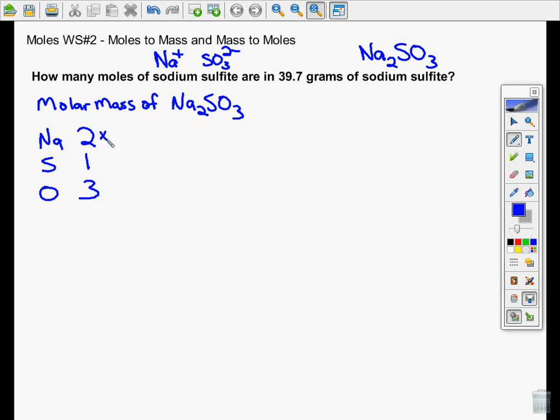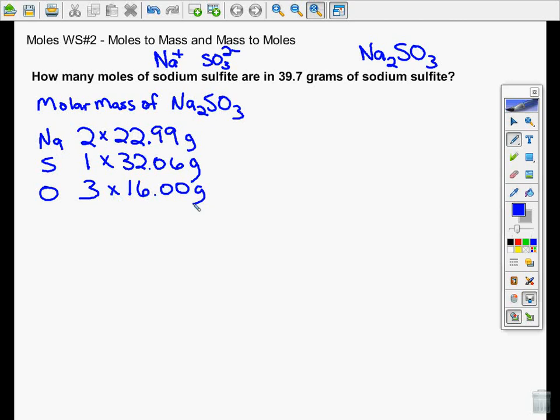Now in this one, I only went to 2 decimal places from the periodic table, as instructed in class. So when I go ahead and find the atomic mass off the periodic table, for sodium it's going to be 22.99, and that's going to be grams when I convert it to a molar mass. For sulfur, I get 32.06 grams, and for oxygen, 16.00 grams.